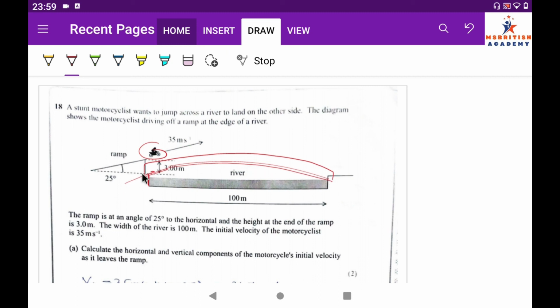By making a ramp, this is the only way we can cross this river. We can jump like this only at high speed, stuntman.